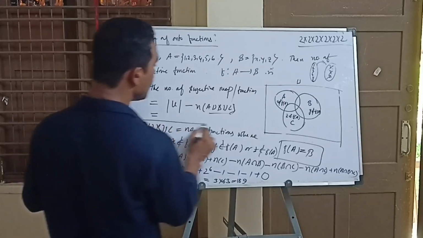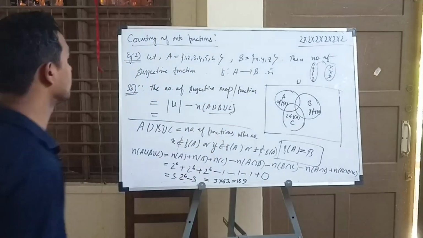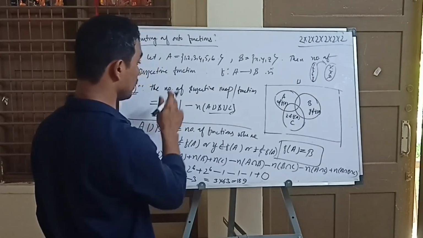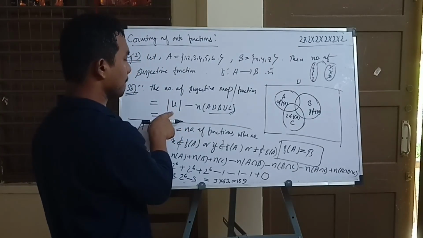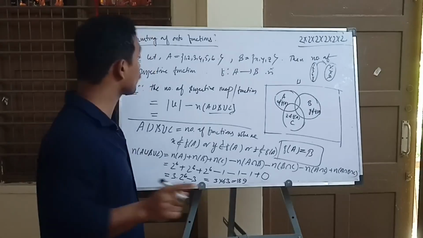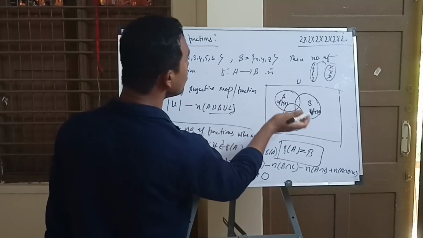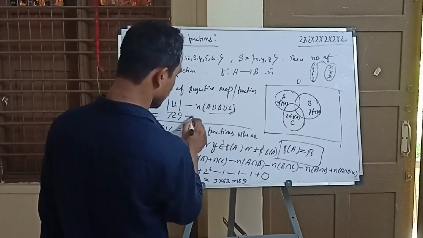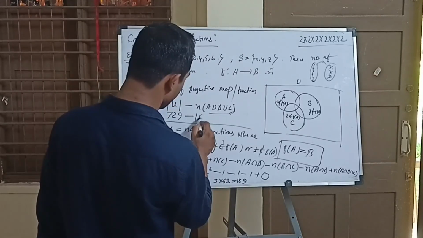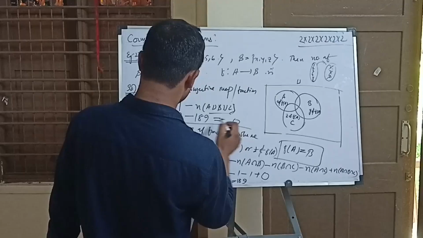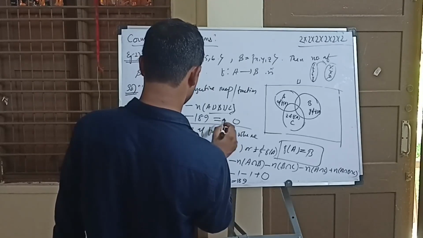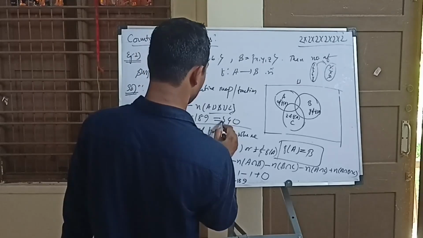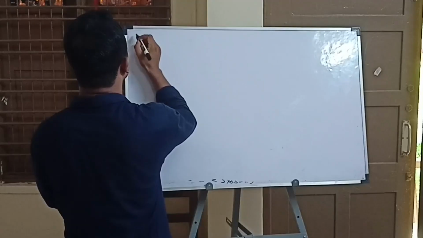Here the number of surjective functions from A to B is the number of possible functions from A to B, which is how many? 729. Correct? 729 minus this 189 is 540. 540 is the correct answer.